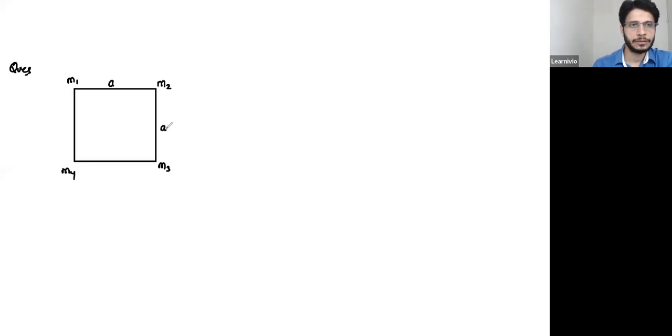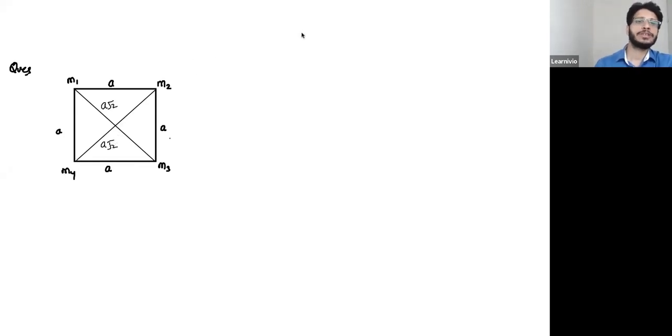This is A, this is A, this is A, this is A. This is the diagonal. This is another diagonal. It's A root 2.